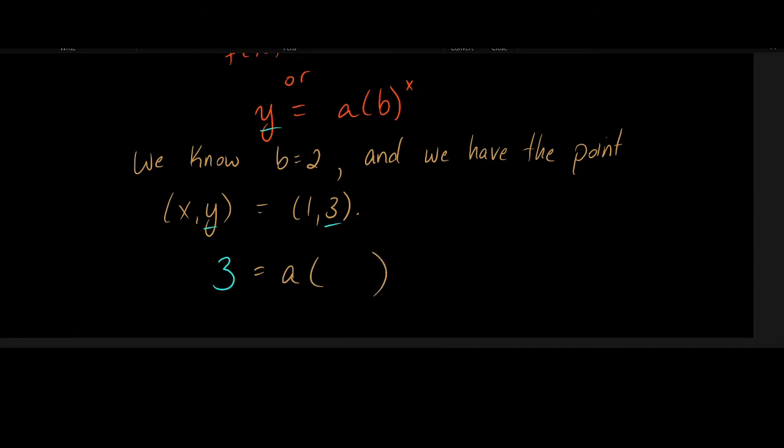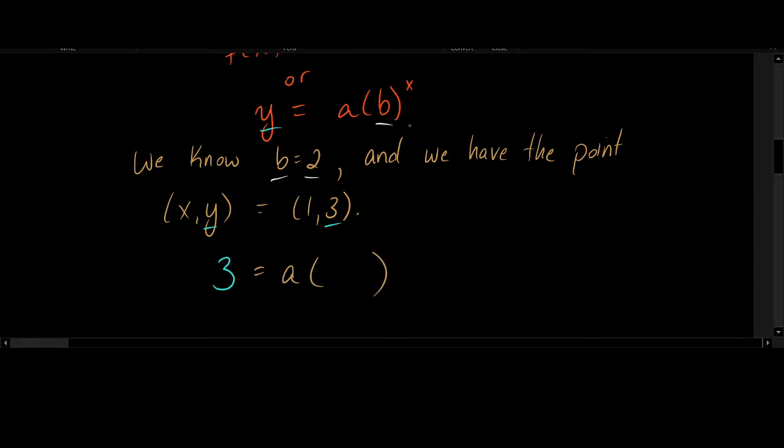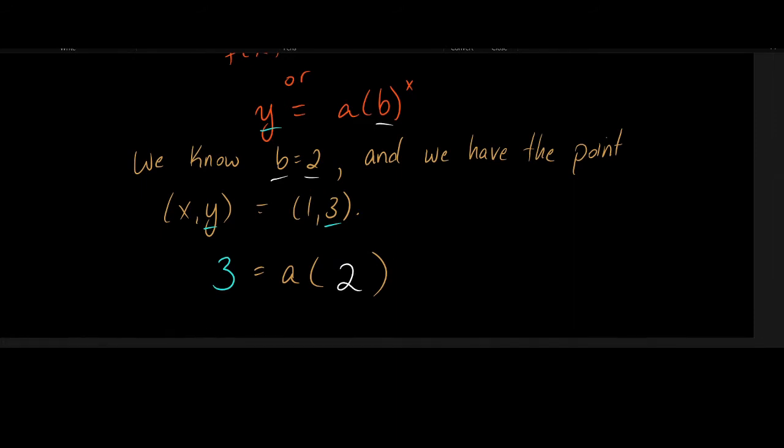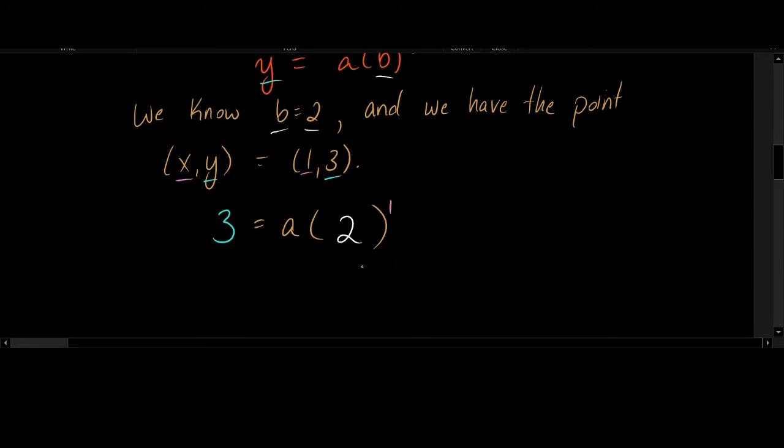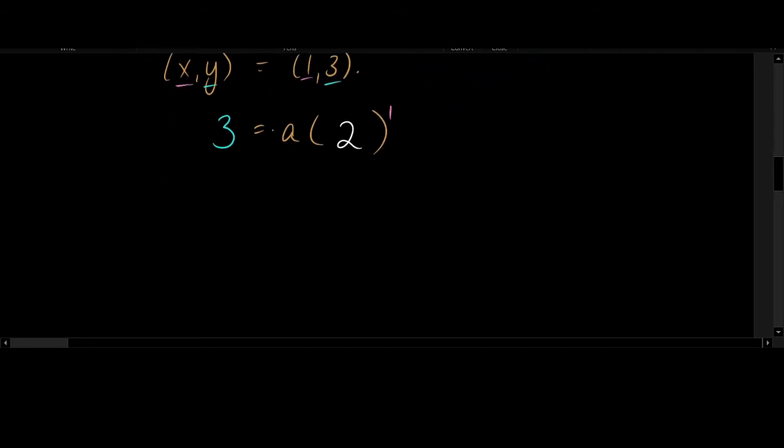The b value is 2. And then the x value from the favorite point is 1. Now notice what's happened. We filled in the value of b that we just calculated. We filled in the values of x and y from our favorite point. And now we have an equation where a is the only thing that's unknown. So let's go ahead and solve this for a.